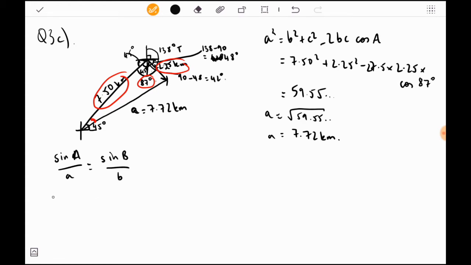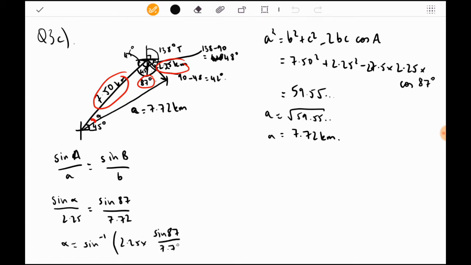So that means we can write this as sine of, let's just call it alpha, over 2.25 is equal to sine of 87 over 7.72. So doing some rearranging, you end up with alpha is equal to inverse sine of 2.25 times sine 87 over 7.72, which means that alpha is equal to 16.9 degrees, to 3 significant figures.